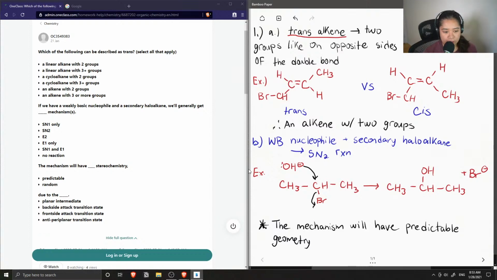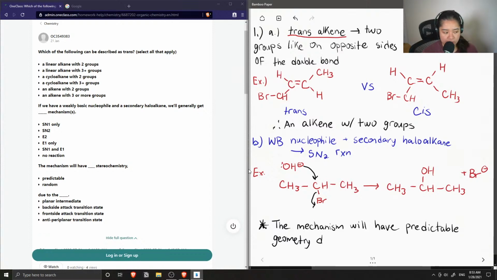So if the OH were to attack and a CH3 would leave, the CH3 minus wouldn't be as stable as a bromine minus ion would. And another reason why it is predictable geometry is because the OH will attack from the back to kick off that bromine.